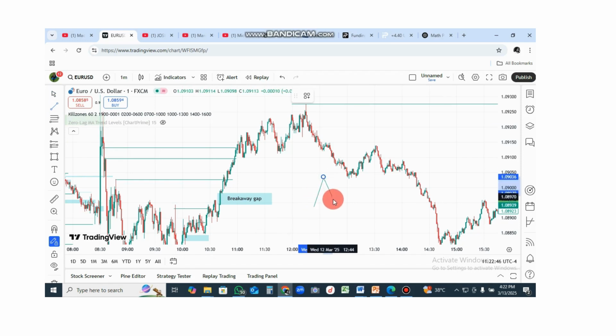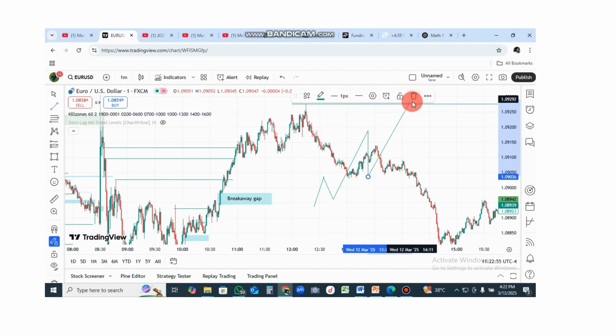And when it goes down like this, that is retracement. When it goes up again, it is expansion. When it goes like this, it is retracement. When it goes up, it is expansion. So this is expansion, and this is retracement, and this is retracement. Expand, retrace, expand, retrace, expand, then another retracement.